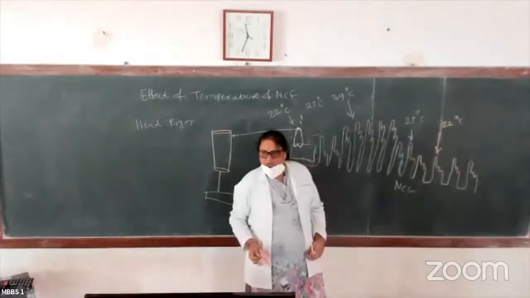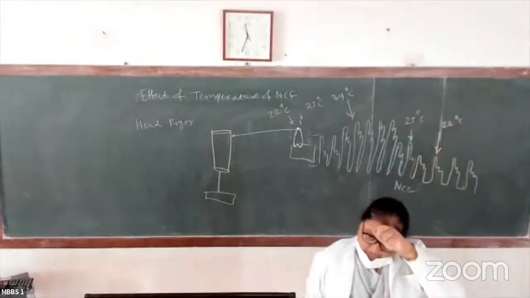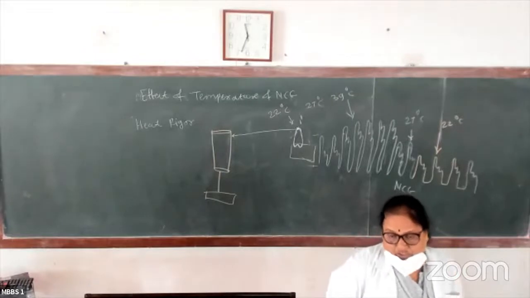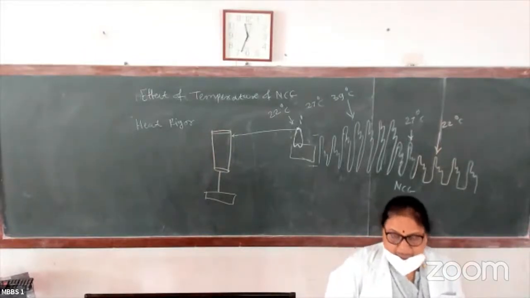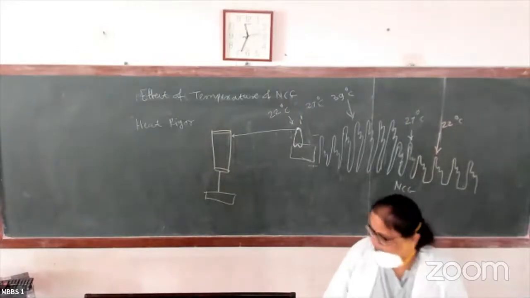Force of contraction will be reduced and heart rate will be reduced. This occurs because by pouring the cold ringer solution on the heart, we inhibit the activity of the pacemaker, so heart rate will be decreased, and the activity of the myocardium also decreases, so force of contraction will be decreased.